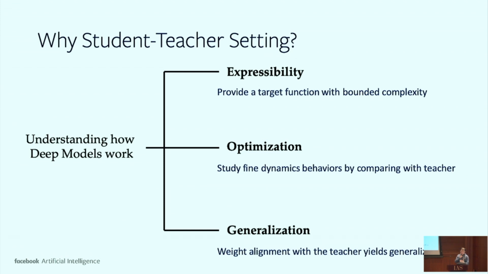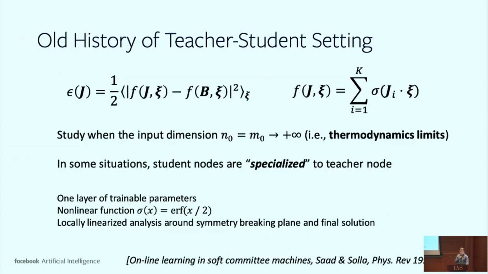Because if the student not only learns the output of the teacher, but also learns the intrinsic weight structure of the teacher, then we can expect that both teacher and student will output the same thing for unknown data. There's a very old history of the teacher-student setting.